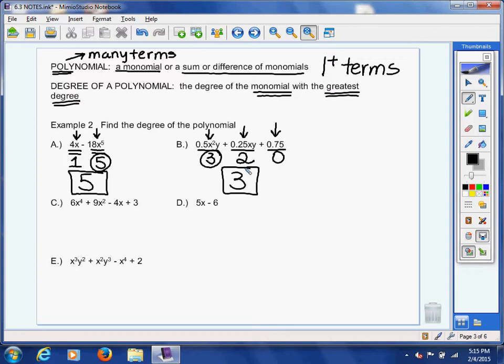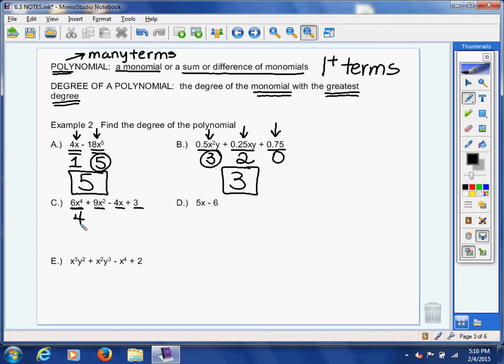Okay, let's look at letter C. Do you see 1, 2, 3, 4 terms here separated by either an addition sign or a subtraction sign? I do too. So we have a 4-term polynomial. Let's start with 6x to the 4th. X has a 4 exponent, and that's the degree of that individual monomial. Now let's go next door to 9x squared.